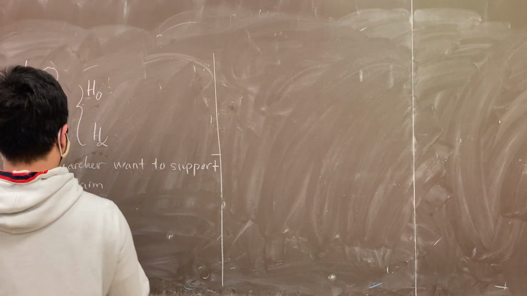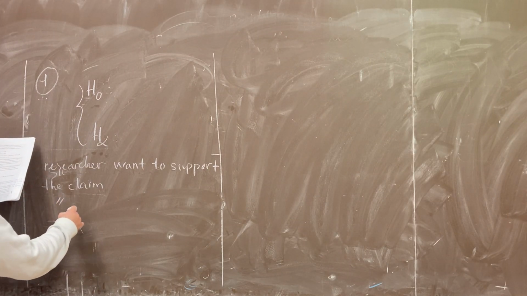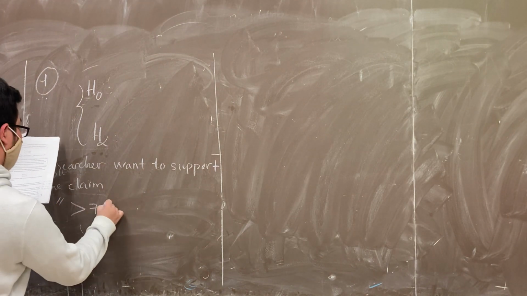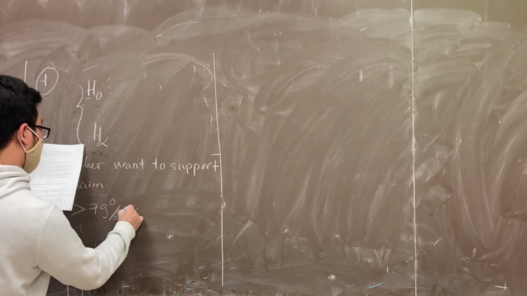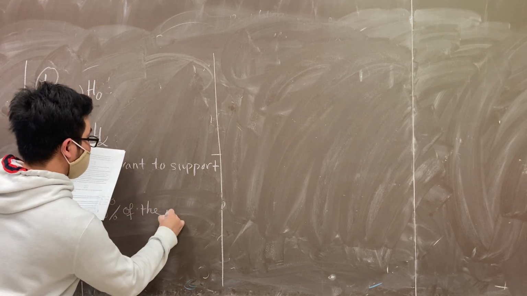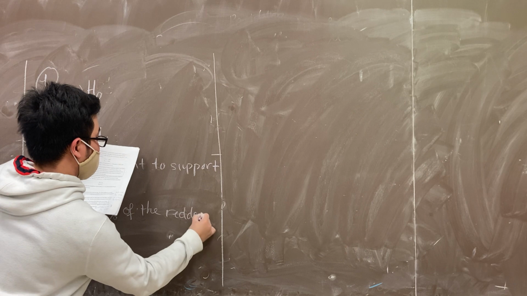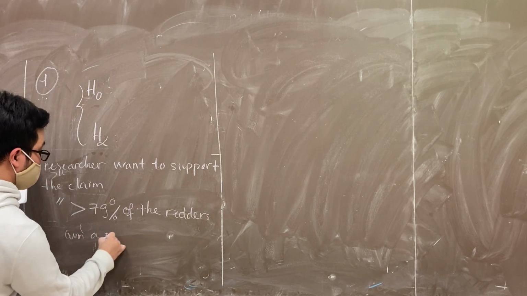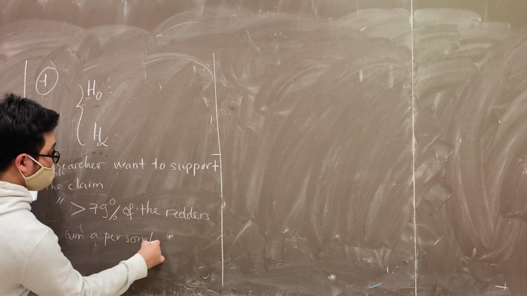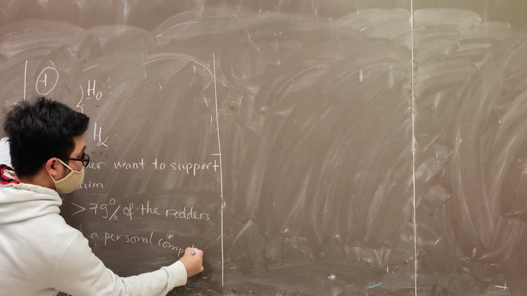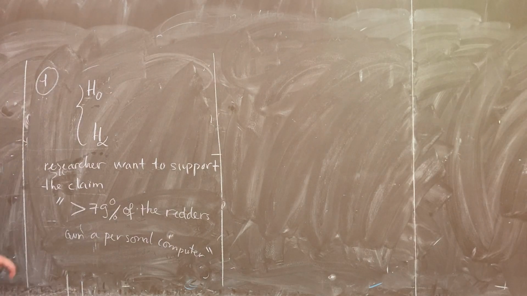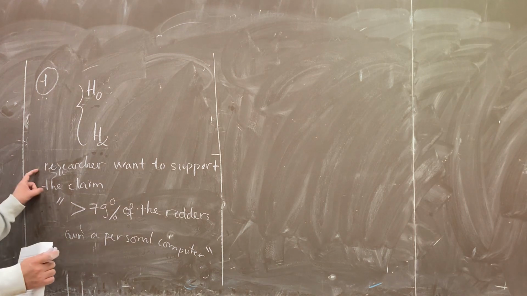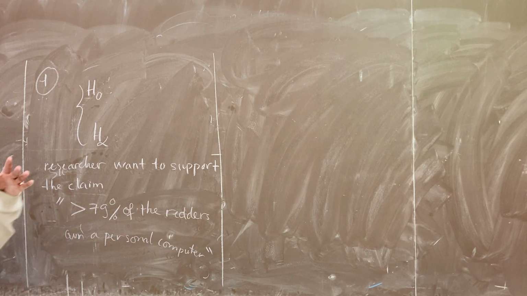So what is the claim? The claim here is more than 79% of their readers own a personal computer. Okay. They want to support this claim, right? So that means that is the alternative hypothesis, because they want to support this claim.